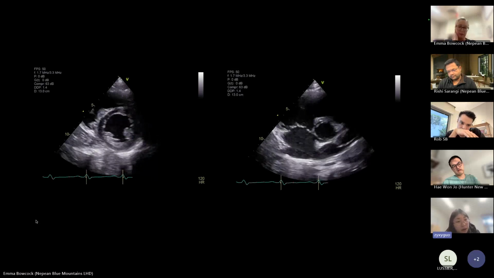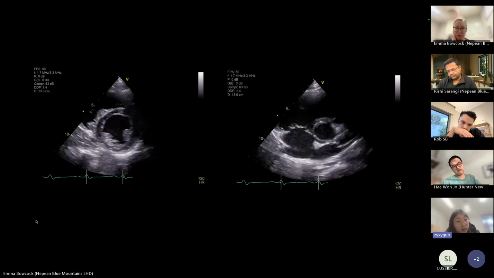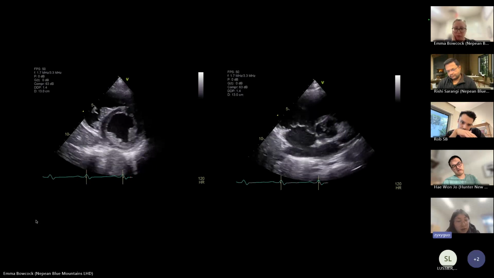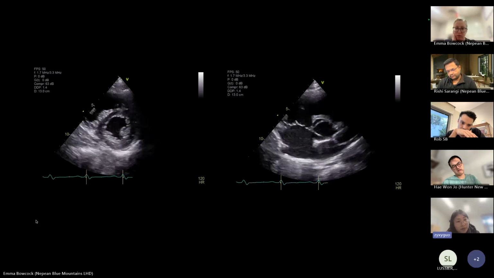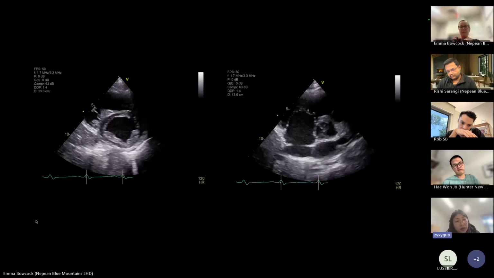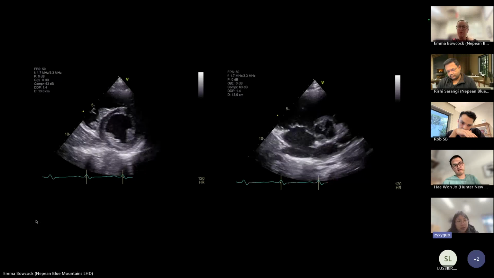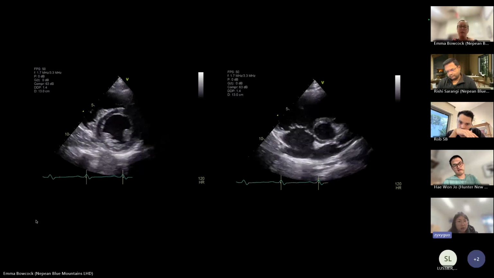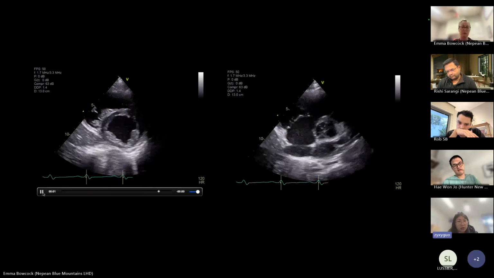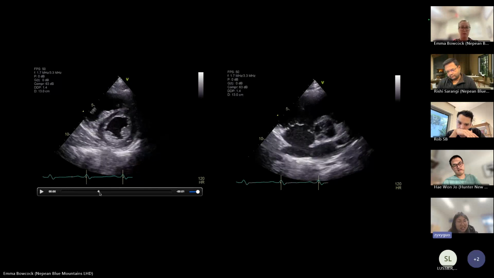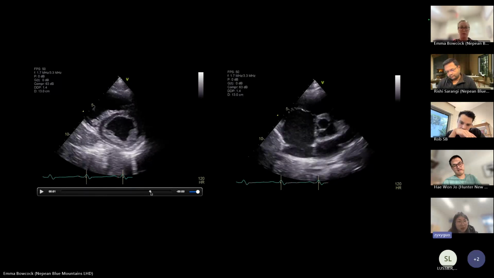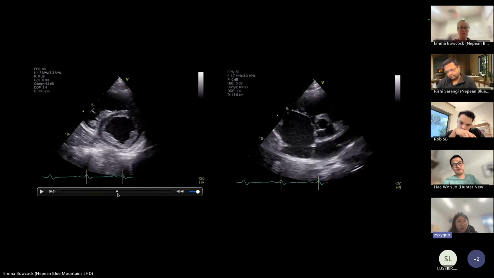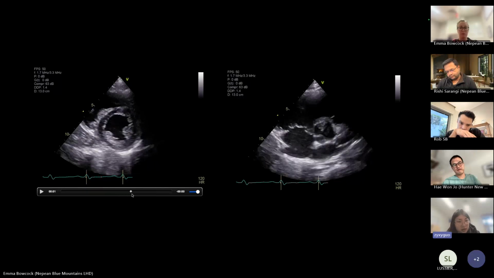Focusing on the mid-pipe, there is abnormal septal motion here. There is a widened QRS complex. There may potentially be some bundle branch block. I'm also worried about a septal flattening, which is happening in systole. I think it's happening more in systole than it is in diastole.